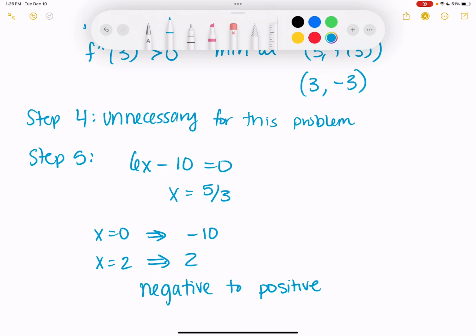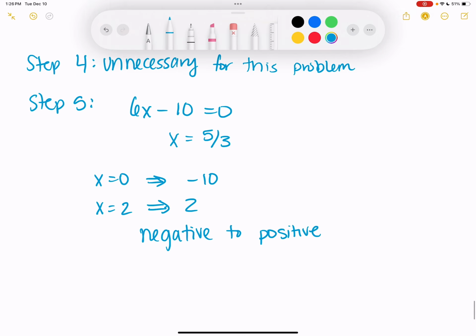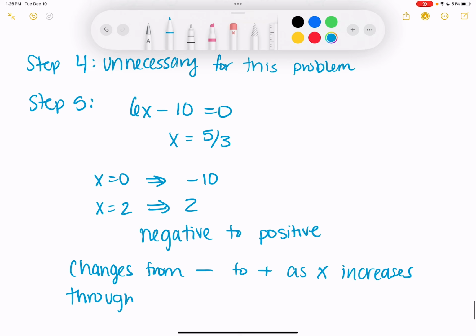So this goes from negative to positive. So this changes from negative to positive as x increases through 5/3. So there is an inflection point.